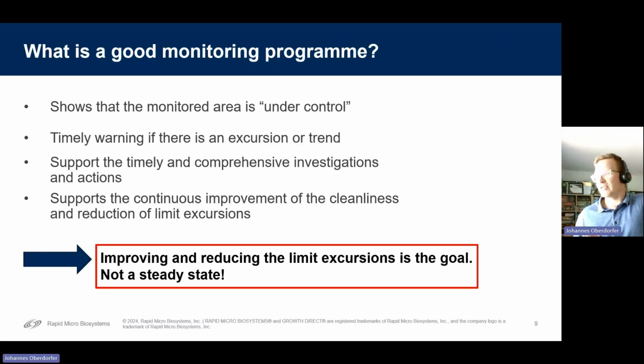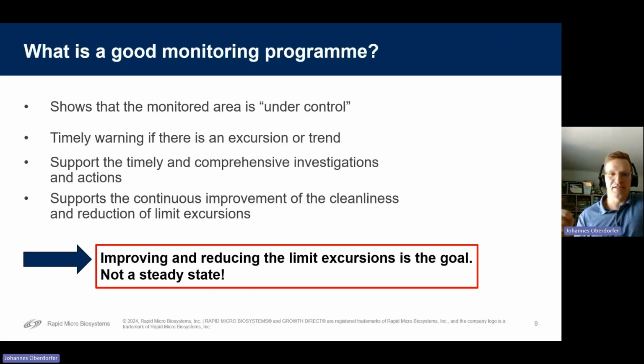So it should be set up to give us this feedback in a timely manner and in a way that we don't need to investigate and dive further into the data. The monitoring program should give us all the information that we need in one go. It also supports the continuous improvement of cleanliness and reduction of limit excursions.